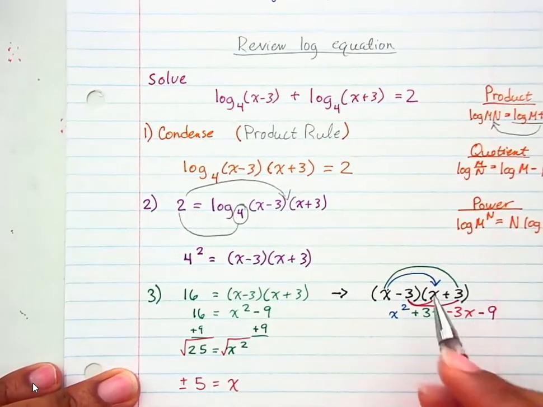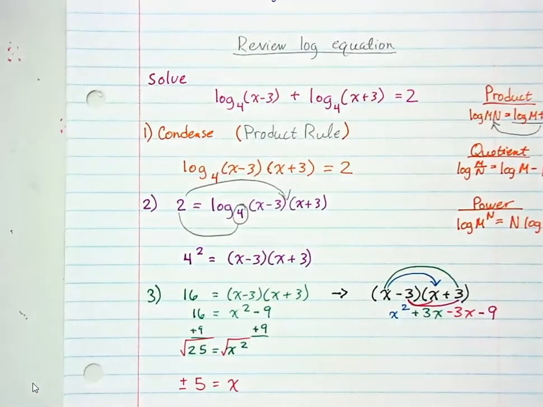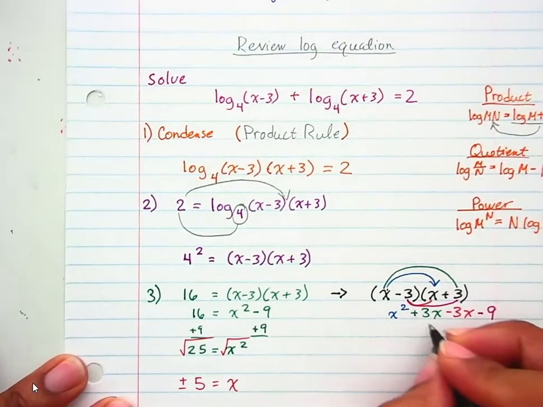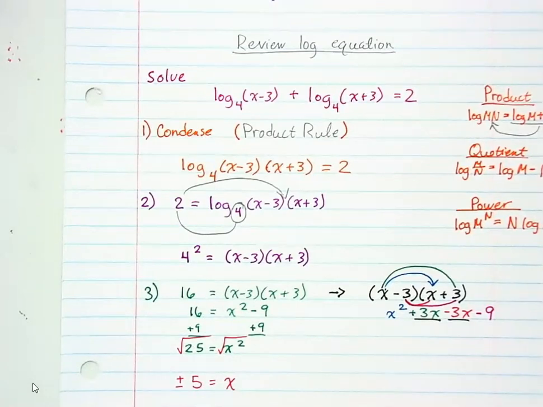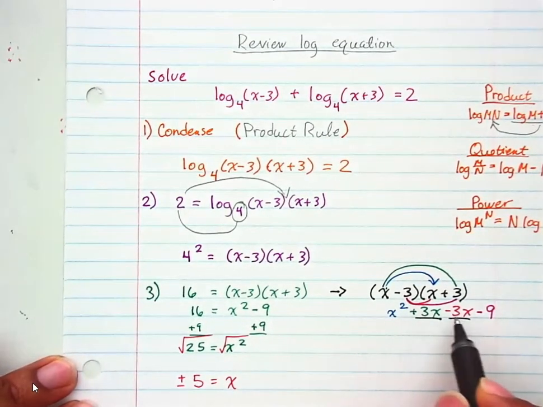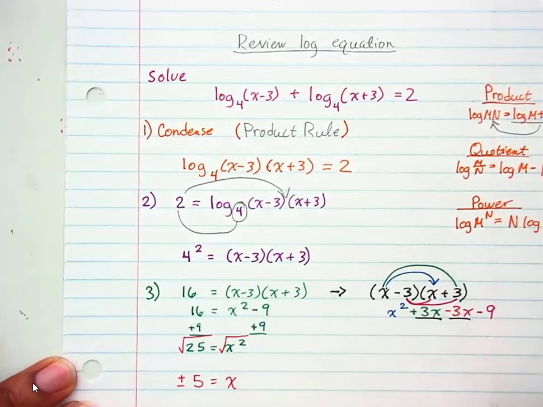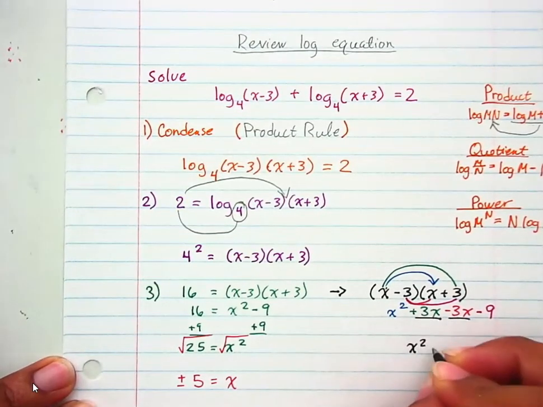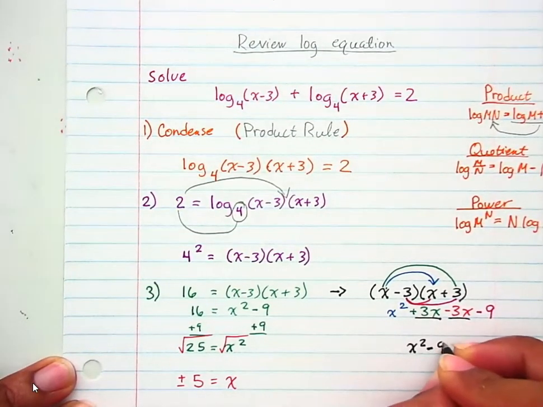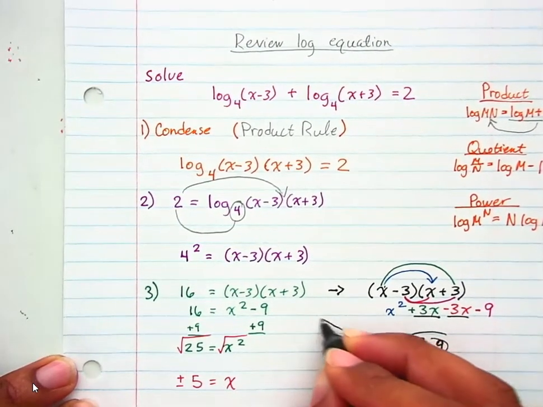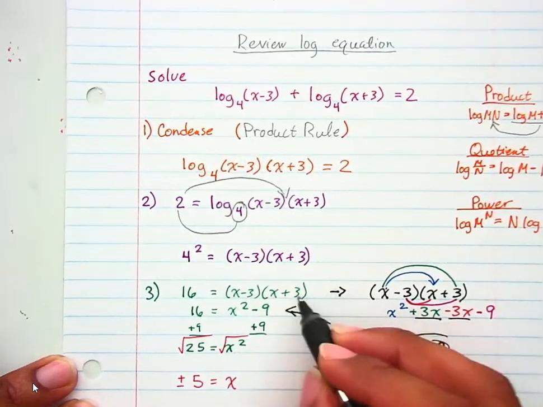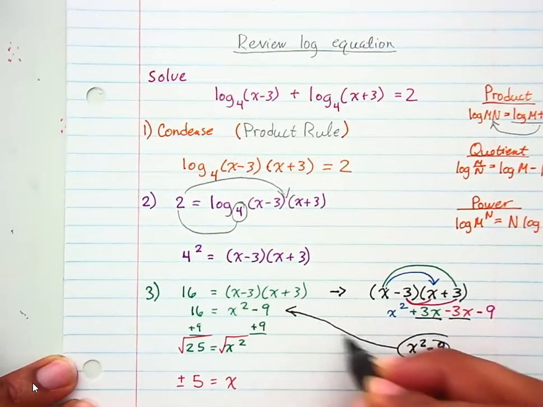As we're doing it, this makes a rainbow. I get it. Rainbow colors. So here we get a positive 3x and a negative 3x. We know those cancel each other out. So we're left with x squared minus 9. And so that's what we did. We multiplied it, worked it out here, and then we got it right back there.